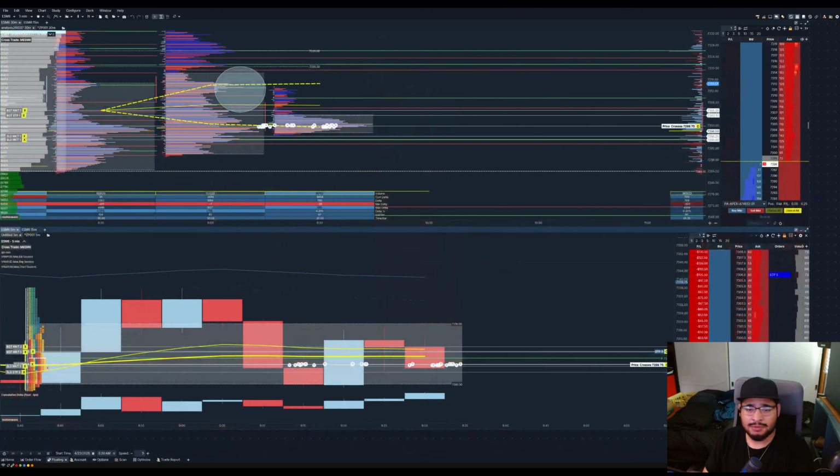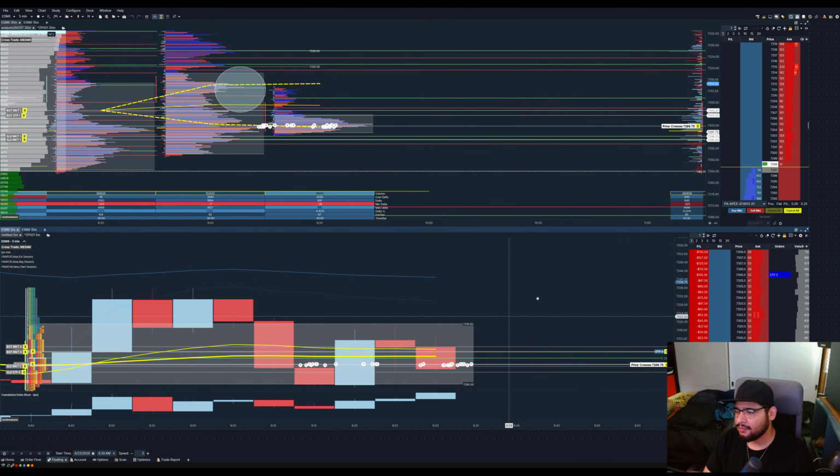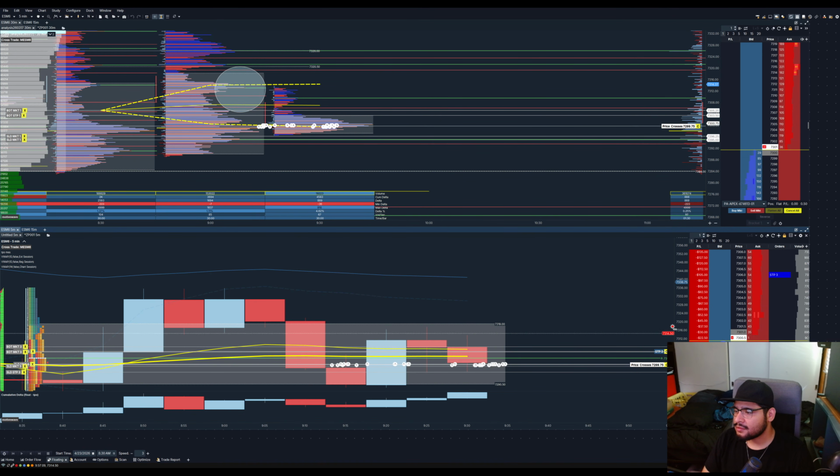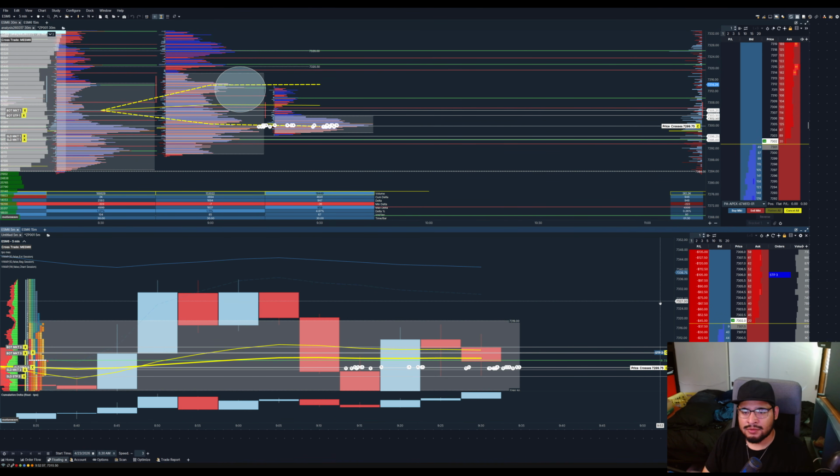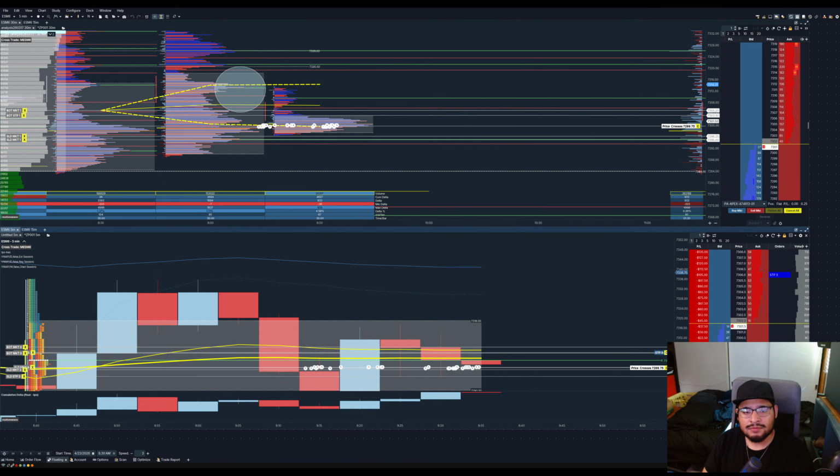We're below both VWAPs here. As of now. What monitor do I have up? That one.